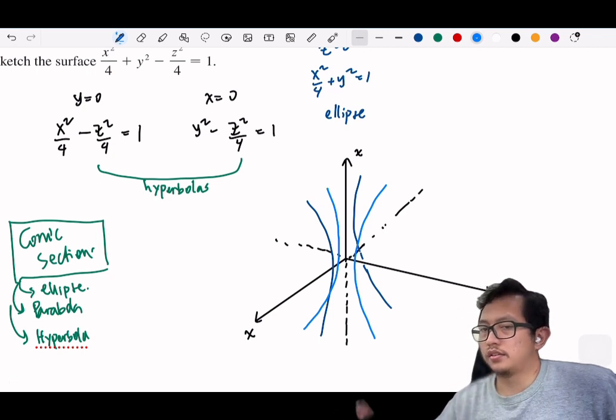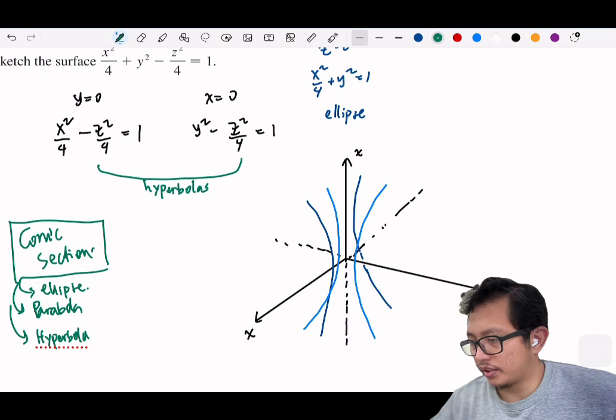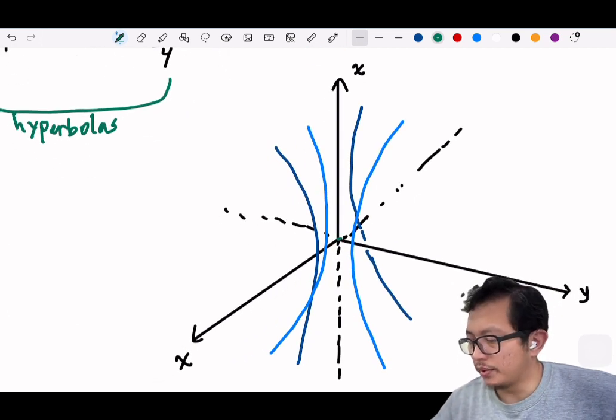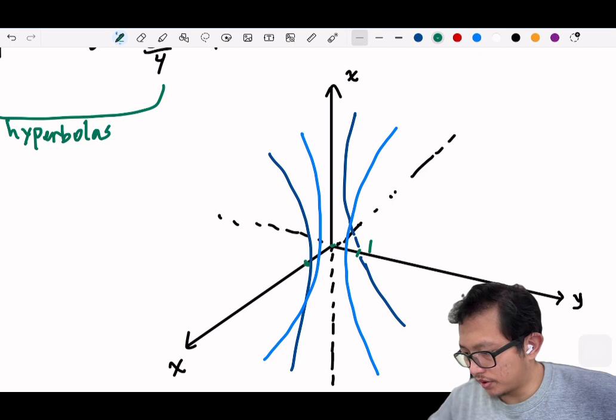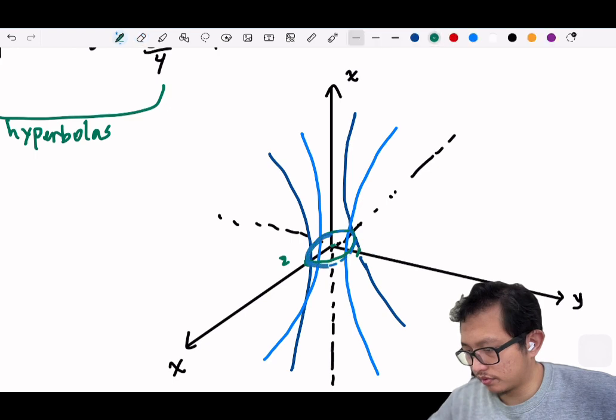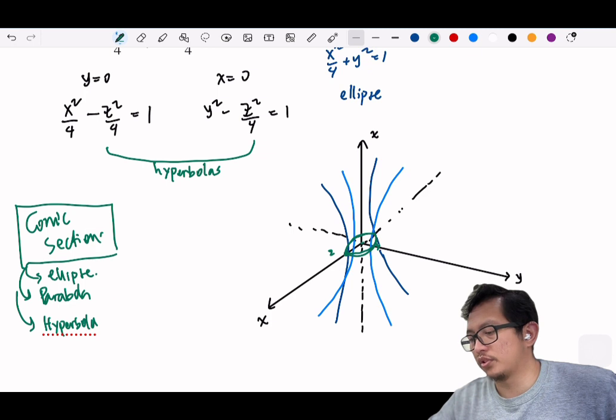And then we have x squared over 4 plus y squared, that is going to be our ellipse. So we can take this. This is 1, and this will be 2. This is going to be 2. Suppose this is 1.